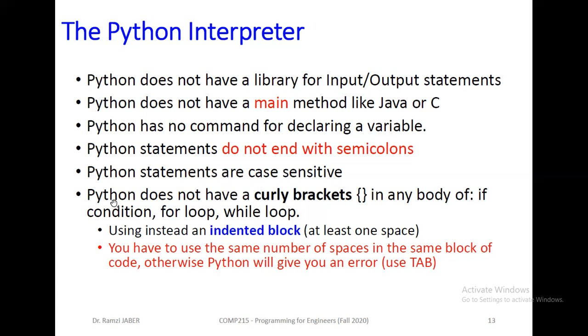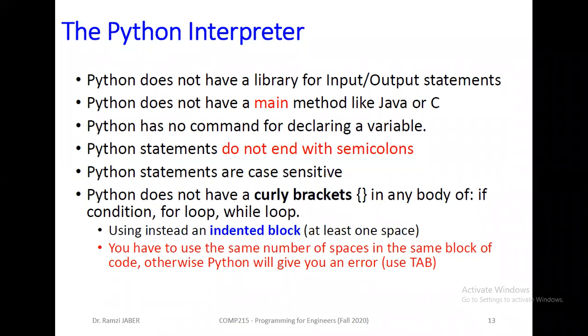Also, Python does not have curly brackets or braces in the body of if, condition, for loop, while loop, and others. In C, when you open a main body, you put open braces and close braces. If you open a for loop and have many statements, you must have curly brackets.